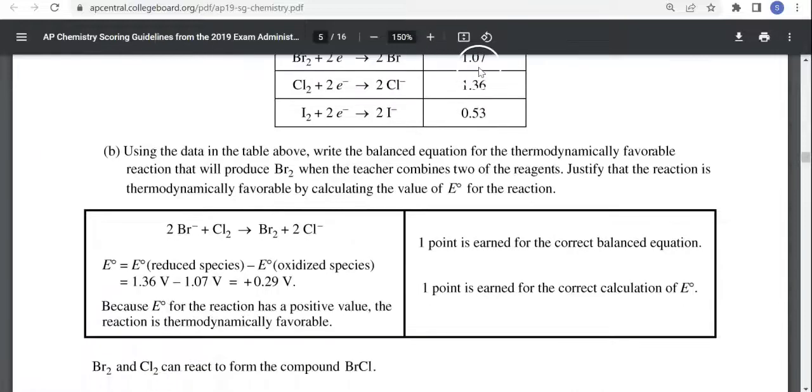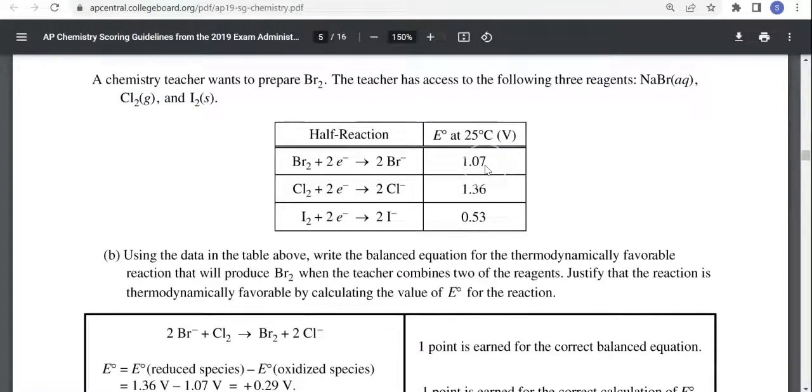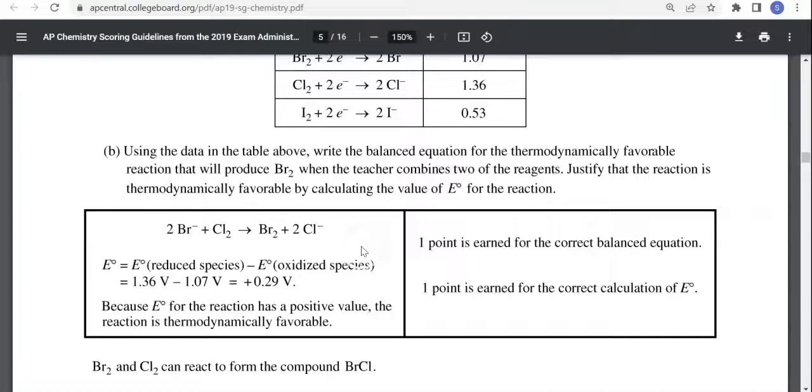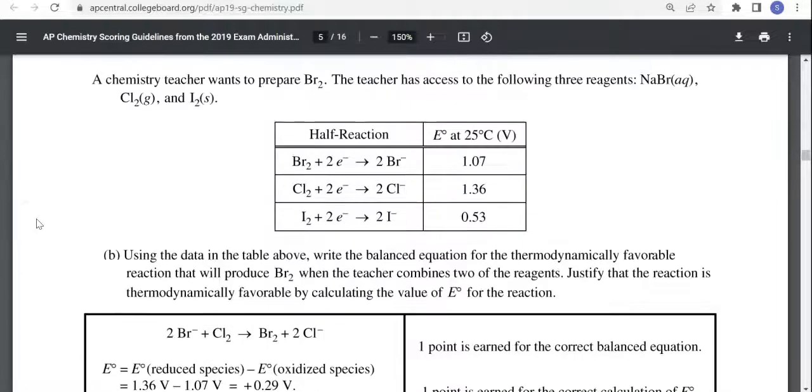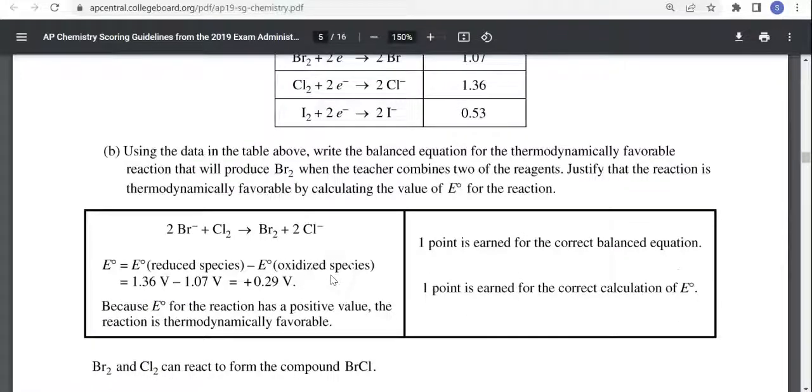So you leave the Br2 as 1.07, but you just subtract the half cell potential of the oxidation half reaction. Since it's the reverse reaction of this that is occurring, it's an oxidation half reaction, and so you just subtract that value.